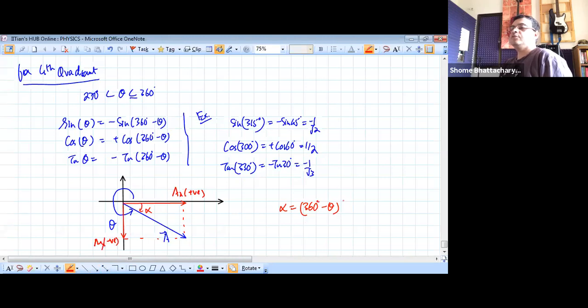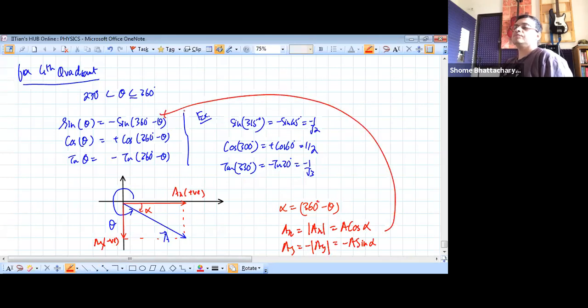You can use that same kind of method that we discussed earlier. Ax will be mod of Ax, which will be A cos alpha. Ay will be minus of mod Ay, which will become minus A sin alpha. From that, you will get these formulas.